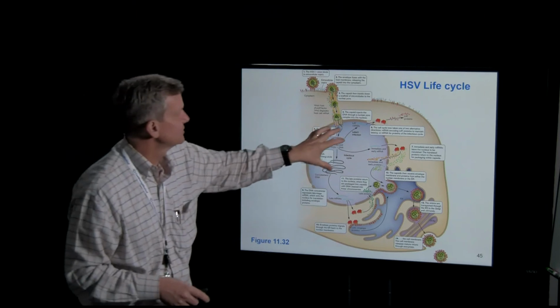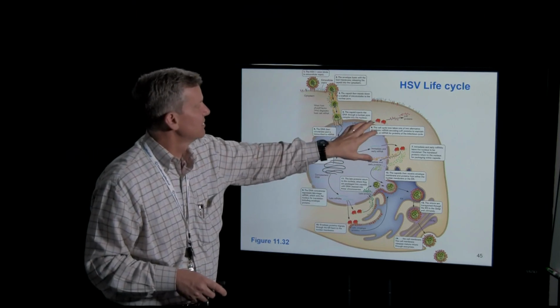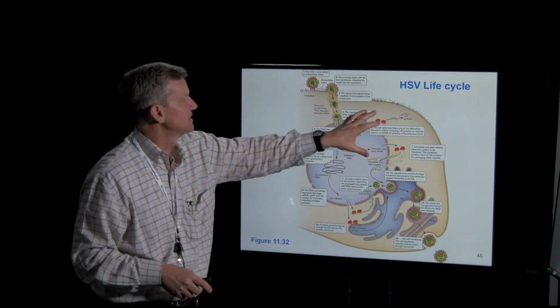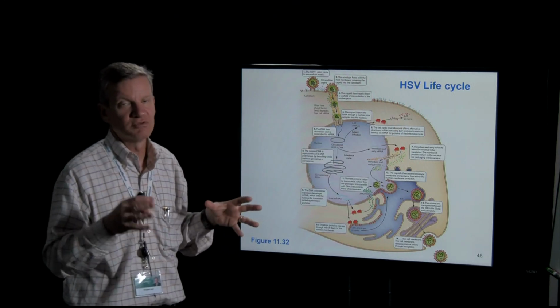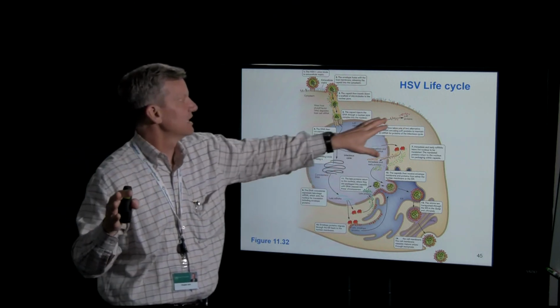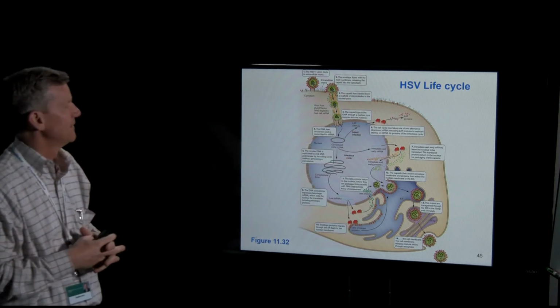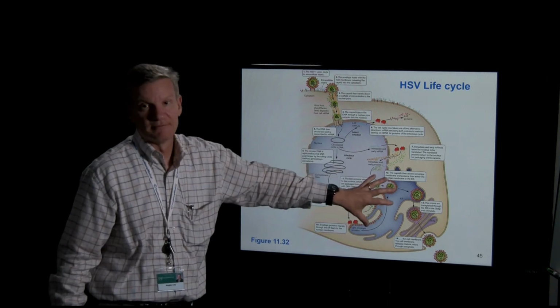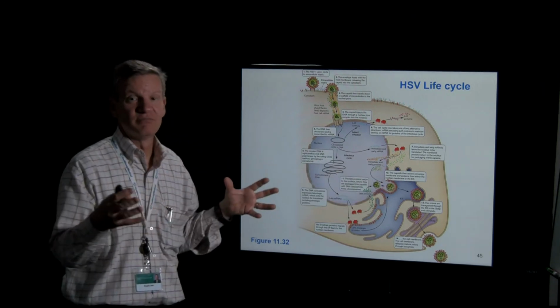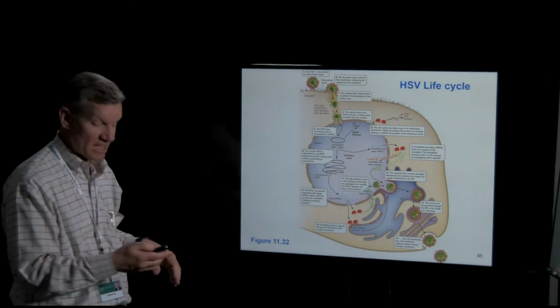So we have a latency-associated transcript, and it makes latency-associated proteins, the LAT proteins, and this is important: latency-associated proteins prevent the lytic cycle. Okay, so they allow the virus to be quiescent, and they allow it to be latent.